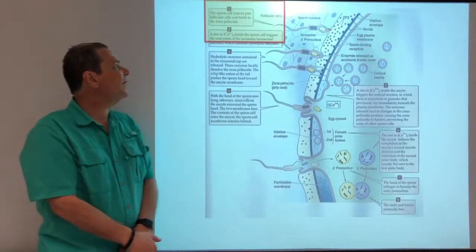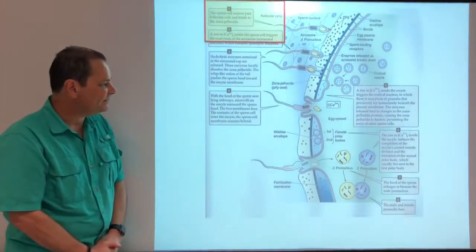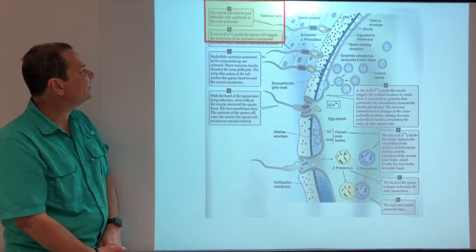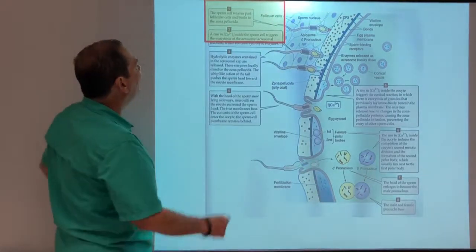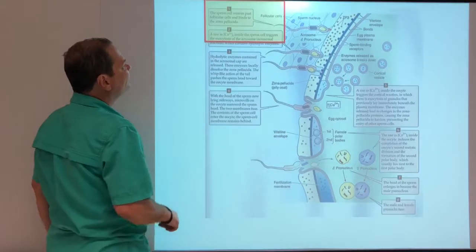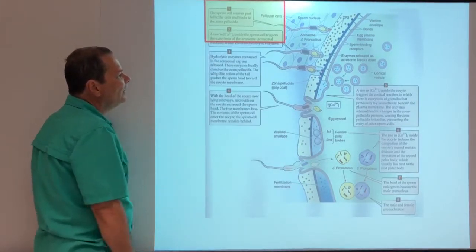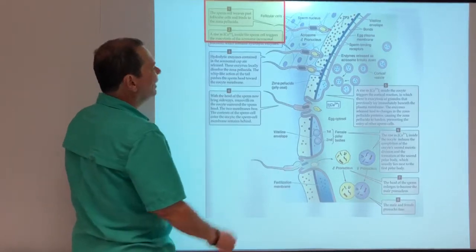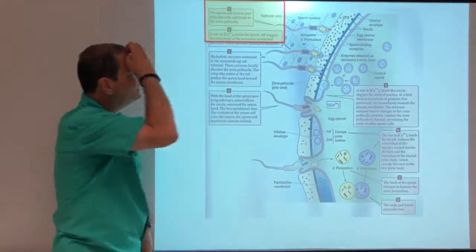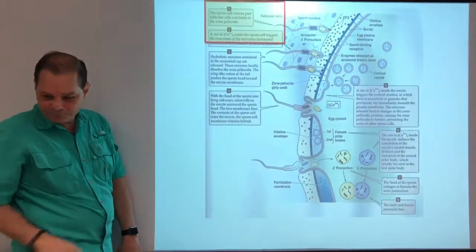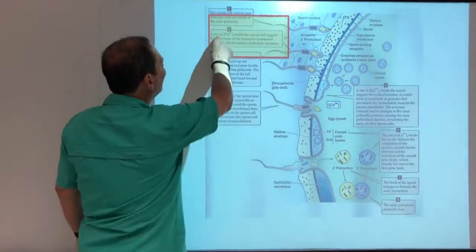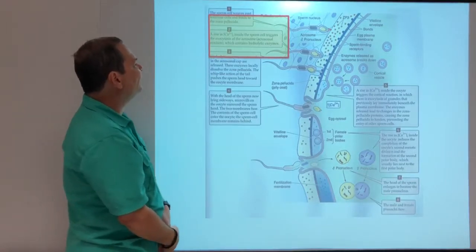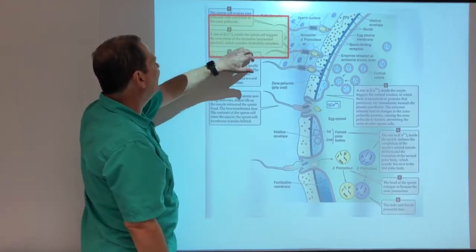So here's a slide. It's got nice step-by-step details of what's happening during this fertilization process. The sperm makes its way past the follicular cells and the corona radiata to the zona pellucida, and it binds to the zona pellucida. And when that happens, you get a rise in calcium inside the sperm, and that triggers exocytosis of the acrosomal enzymes.